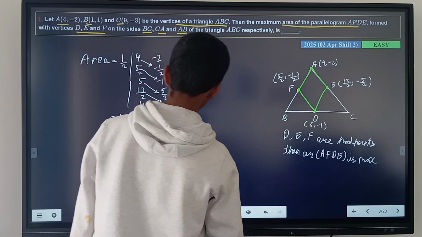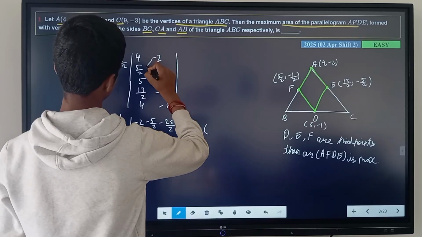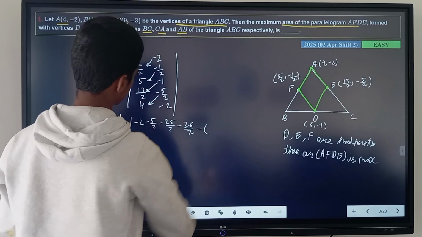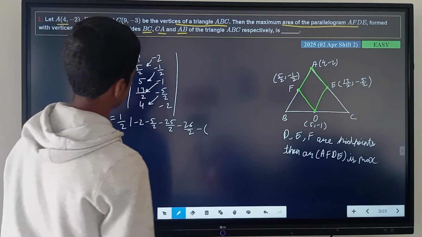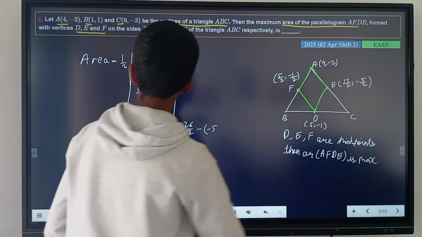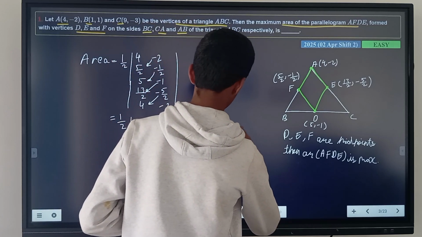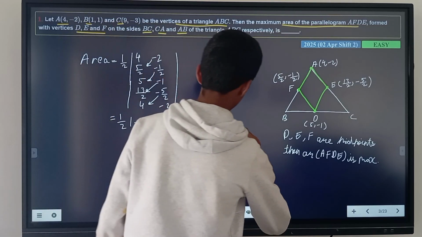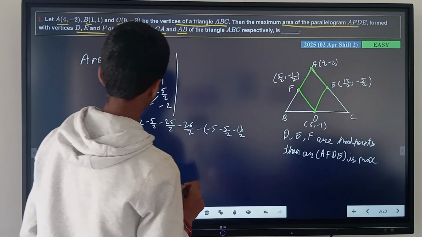Now with the minus we will subtract these multiplications. Now minus of all of these multiplications, this will be minus 5, minus 5 by 2, minus 13 by 2 and minus 10.